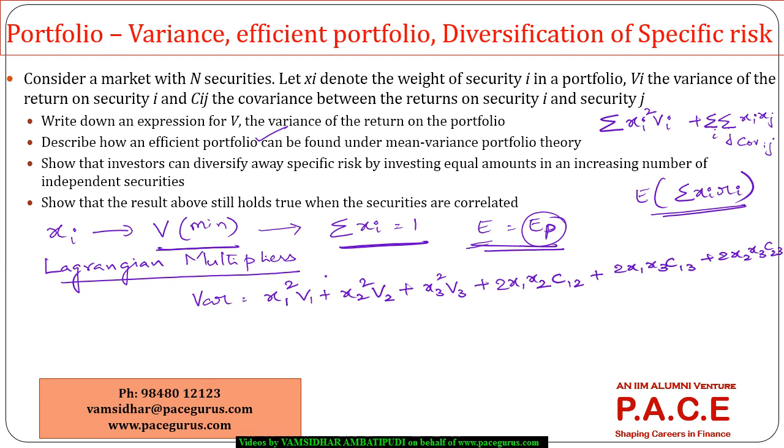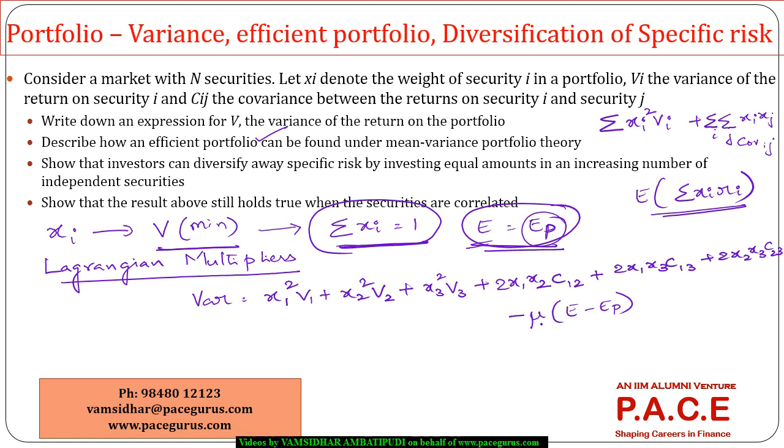This is what I want to minimize by subjecting it to these constraints. So I have this constraint with respect to mu. I'll say minus mu times E minus EP.